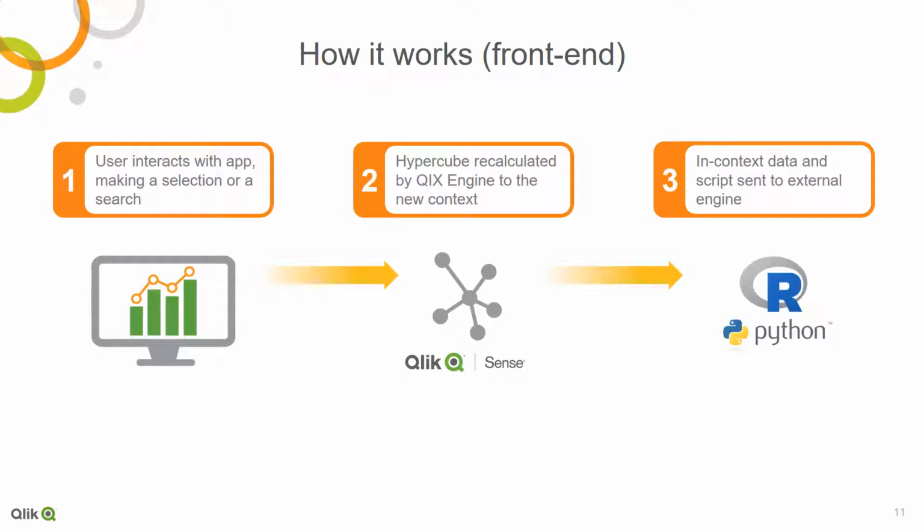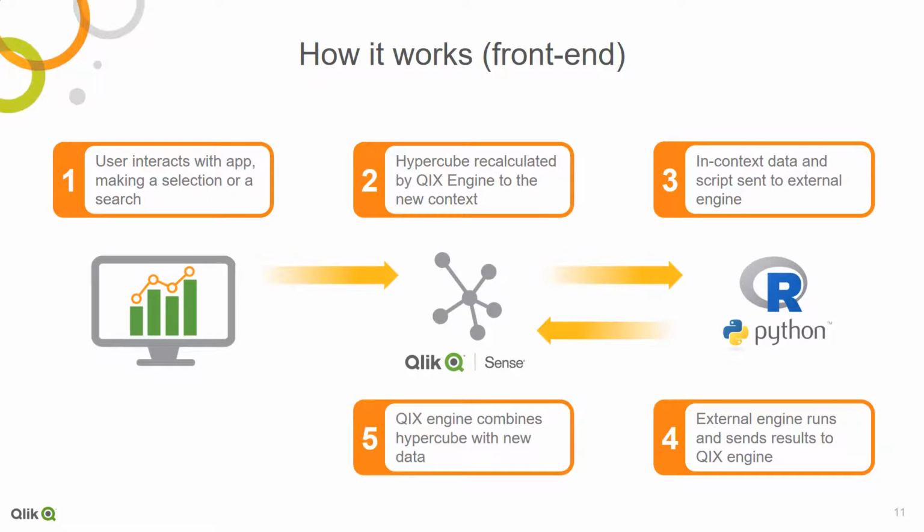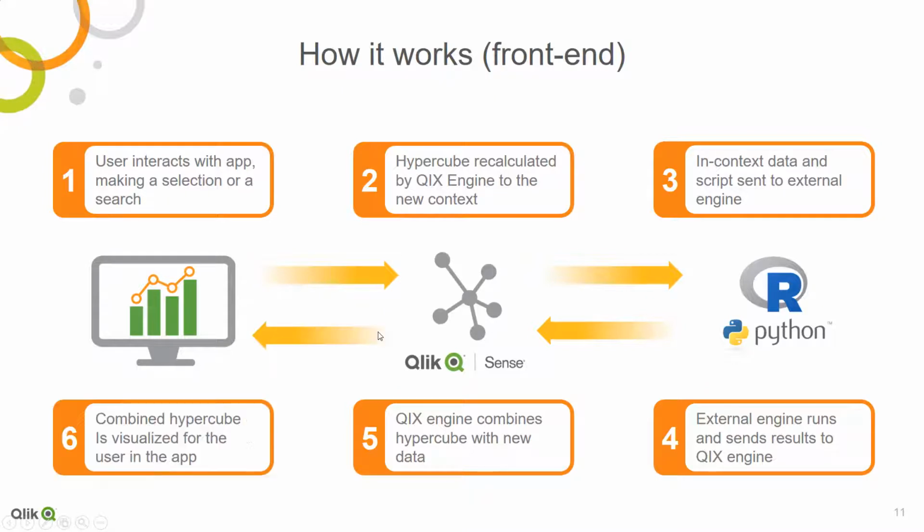This could be Python, this could be R. It does whatever processing, runs whatever commands it needs to, and then ships back that new or altered data set back to Qlik and actually hooks it into the engine itself. So if set up properly, you can actually make selections on data that was returned from Python or R. So it's actually a part of the Qlik Sense engine. And then finally, it's visualized in whatever mechanism or whatever means you'd like inside of the app.